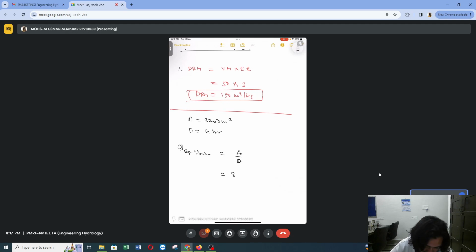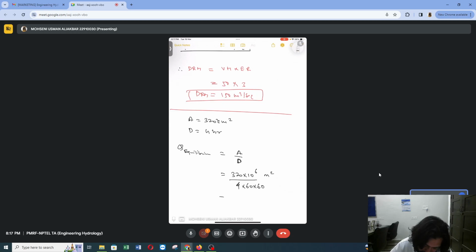So the area is 320 kilometer square, which we are going to convert into meter square. The duration is 4 hours, so we are going to convert 4 hours into seconds. So it would be 4 into 60 into 60.